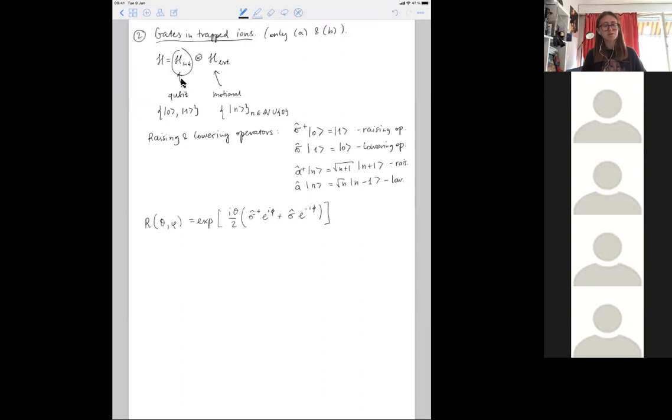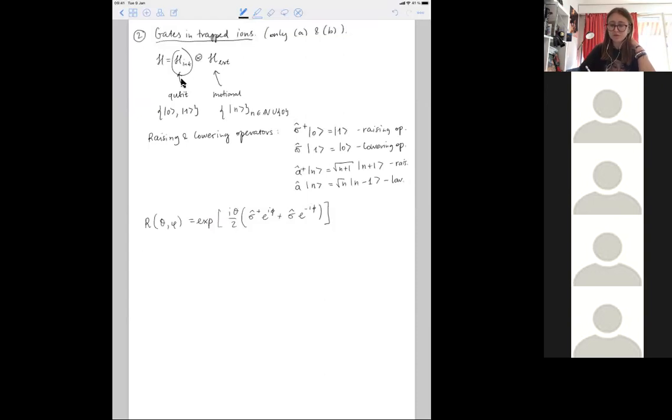This is a good exercise to look at the technique of what you should do if you have a certain operator in the exponential. From the first glance, it's not clear what to do in order to apply this operator to some state. For this, you have to find out how exactly this operator R of theta and phi looks like and what it does to the internal degrees of freedom, to the qubit.